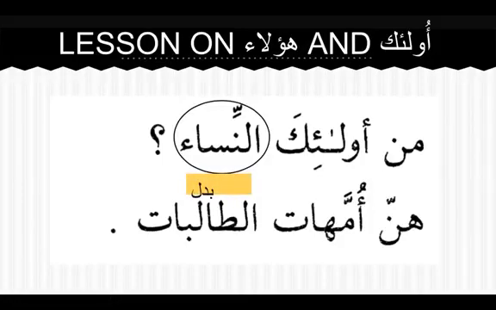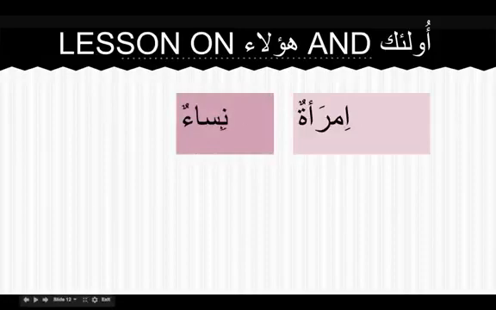It's a plural for imra'atun. So it's a special word. Imra'atun means one woman, whereas the plural, the whole noun changes. If you see, there's no connection between them, they are different words, but this is how it is constructed in Arabic.